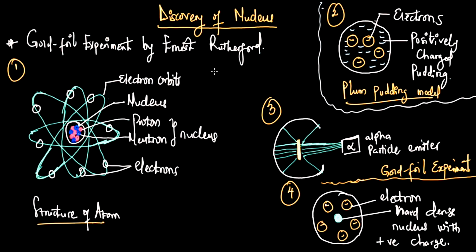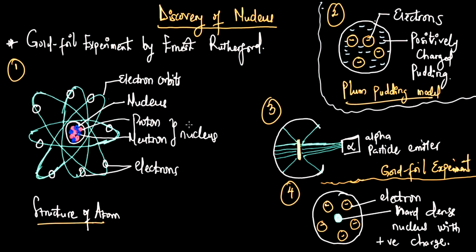The nucleus of an atom is primarily composed of protons and neutrons. This wasn't known in the early days until the discovery made by Ernest Rutherford in the Gold Foil experiment. When we talk about atoms nowadays, we usually use this structure, right?